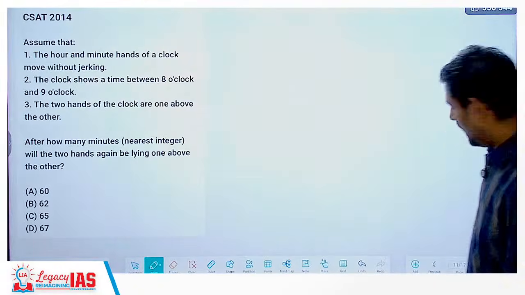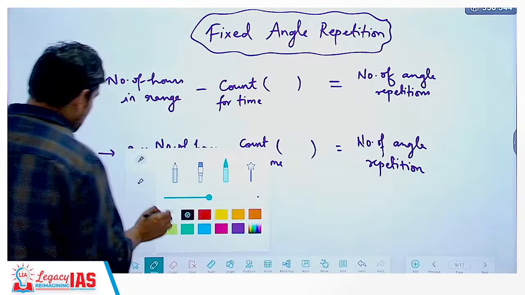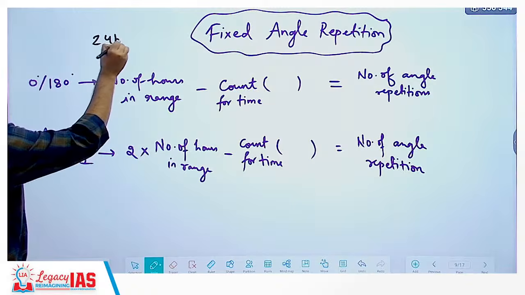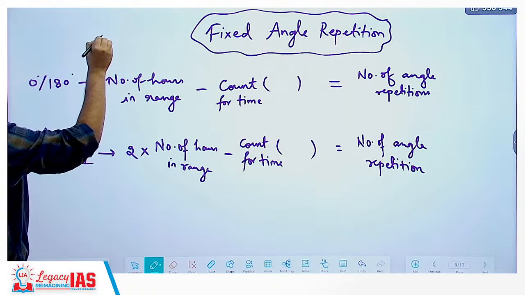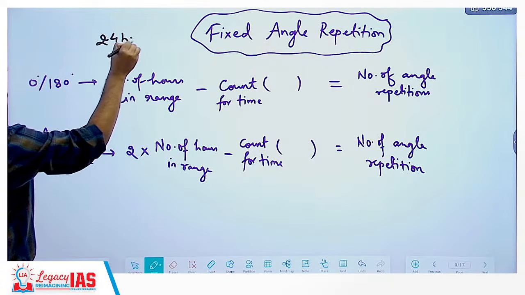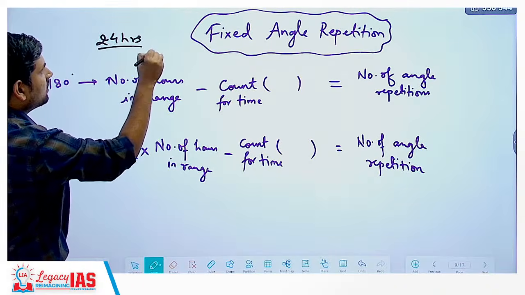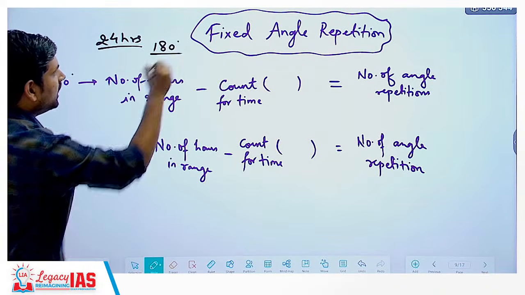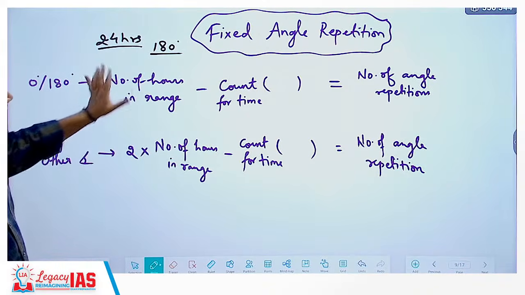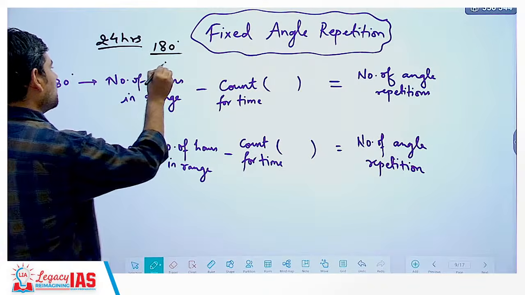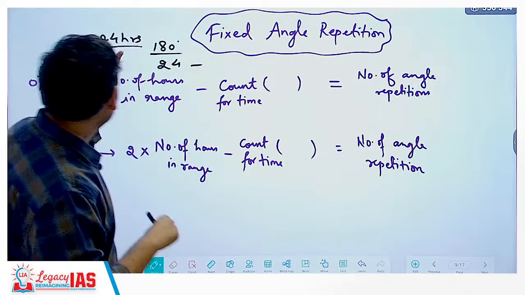Now see how it works. Let's say in 24 hours, that is one day, how many times do the minute hand and hour hand form a 180 degree angle? So you take the number of hours in the range, which is 24, minus the count for the exact times.